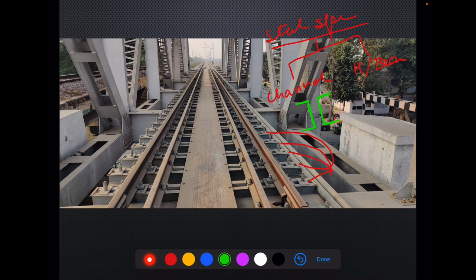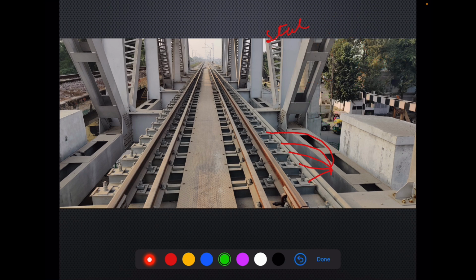And H-beam sleeper is made up of I section. So these are the two types of steel sleepers. We will discuss them one by one. So let's start with the channel sleepers.